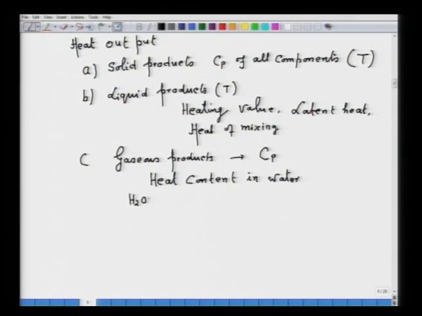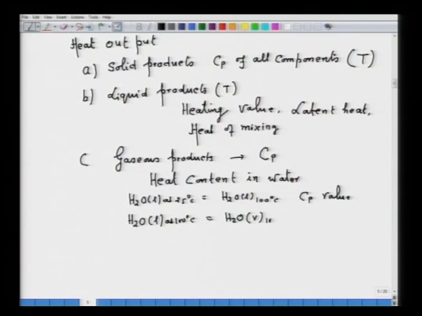H2O liquid at 25 degree Celsius goes to H2O liquid at 100 degree Celsius. You should know the Cp value of that. Then H2O liquid at 100 degree Celsius goes to H2O vapor at 100 degree Celsius.